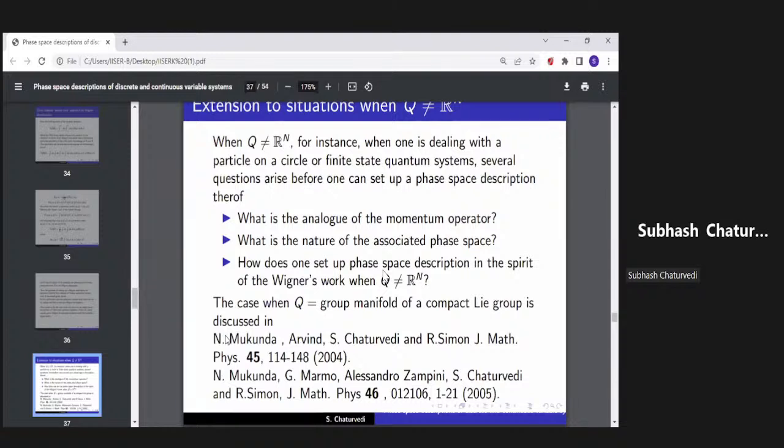And this work is not entirely an academic exercise because, for instance, if you look at a classical system like a rigid body, then its coordinates take values in the rotation group, and then you may ask, what is the possible way of giving a phase space description to such a system? The effort that we have made in this direction is summarized in these papers, which you can look at in case you are interested.